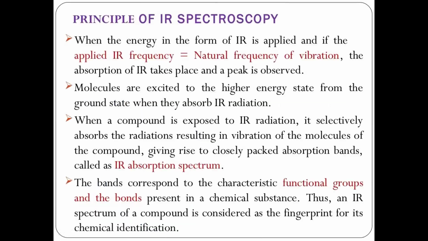As we discussed earlier, the principle of IR spectroscopy is this: when IR light is applied on the sample, if the applied frequency is equal to the natural frequency, absorption of the IR radiation takes place. After absorption of the IR light, molecules are excited to a higher energy state from the ground state.